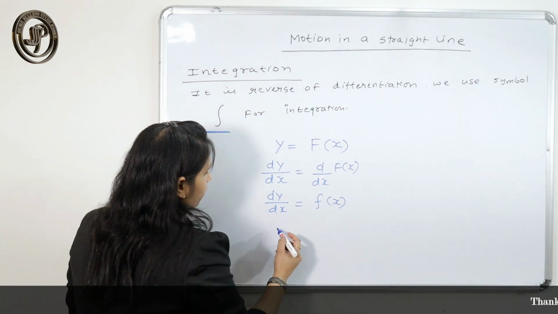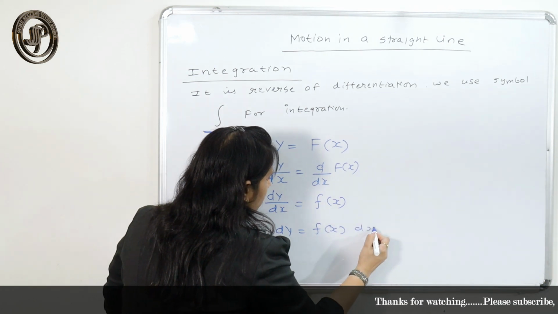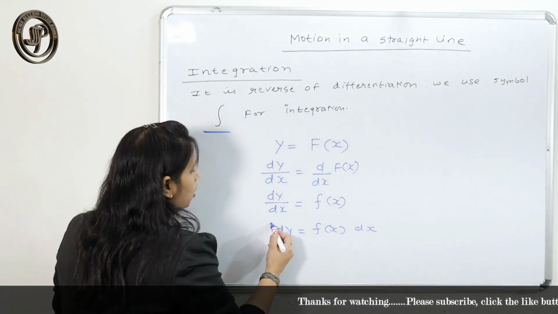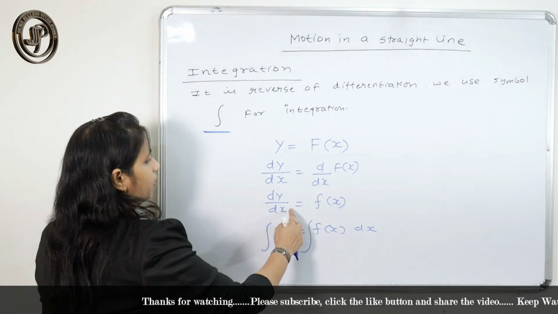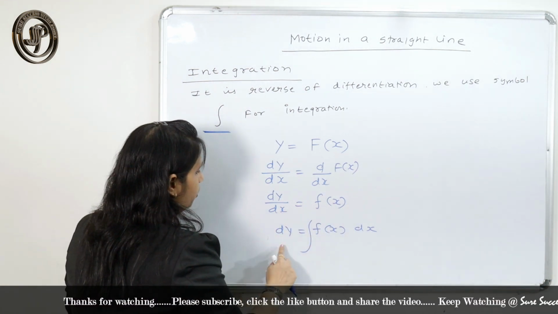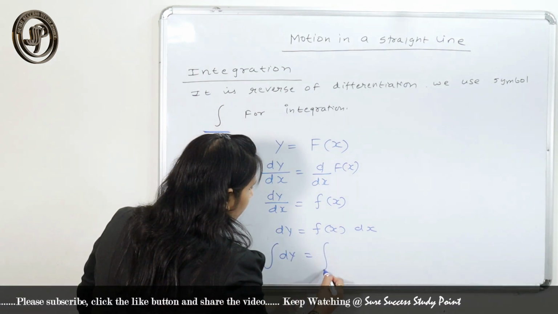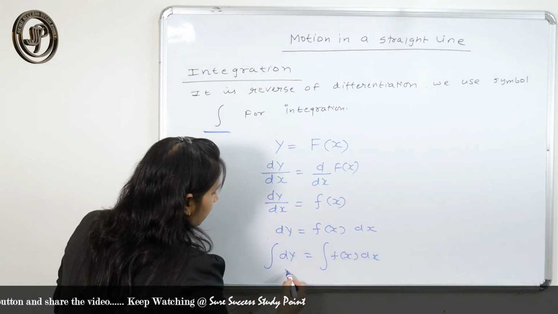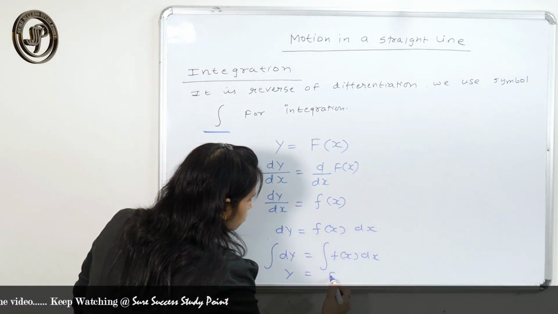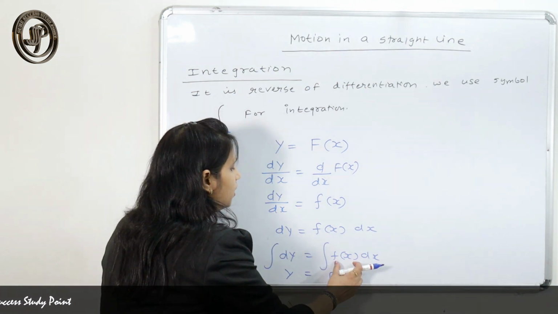Now we cross multiply, and if we apply the integration on both sides, what will we get? Y equals F(x).